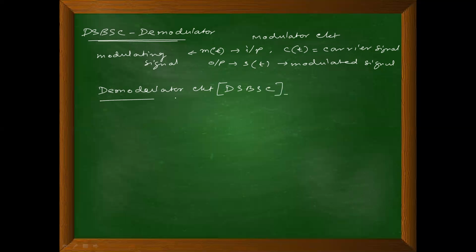Similarly, depending on the circuit, the demodulation technique of DSB-SC, or the demodulator of DSB-SC, is also divided into two categories. The first one is the coherent demodulator, and the second one is the Costas loop.